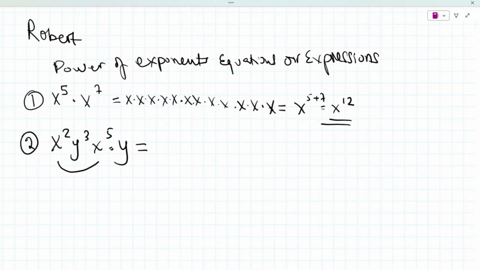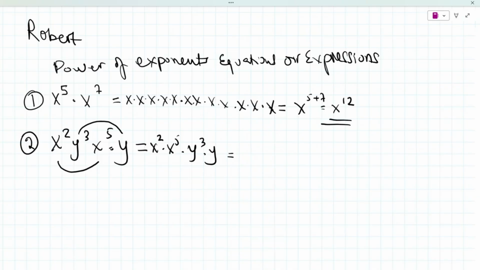These two are like terms. So we have x to the power 2 multiplied by x to the power 5. And then these two are also similar. Multiplied by y to the power 3 multiplied by y to the power 1. But we don't write the 1 there.